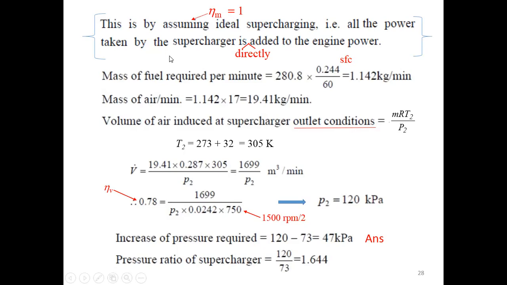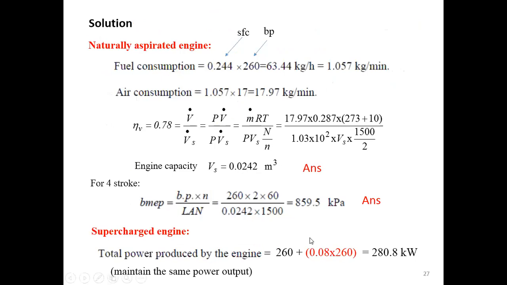And our supercharger is directly connected to the engine, so all of the power taken by the supercharger is directly added to the engine power. Those are all our assumptions before we can come up with this total power produced by the engine.